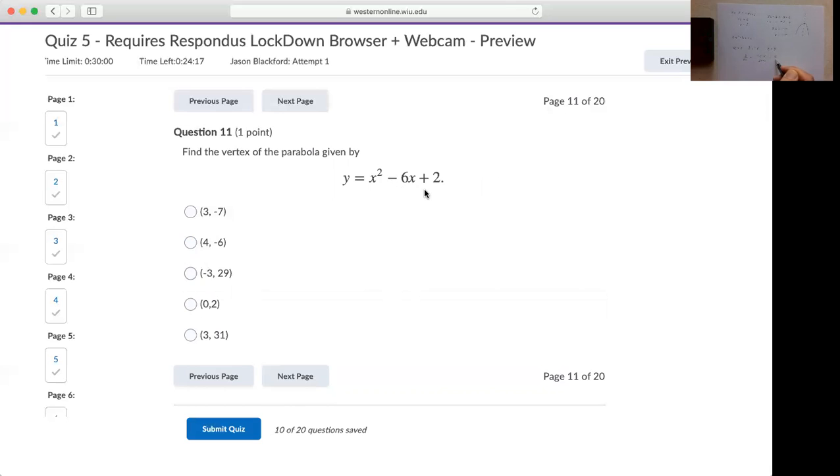This is positive 6 over 2, which is 3. And if we plug 3 into this, we get 3 squared minus 6 times 3 plus 2. That's 9 minus 18 plus 2, and that is going to be -7. So the vertex is (3, -7).